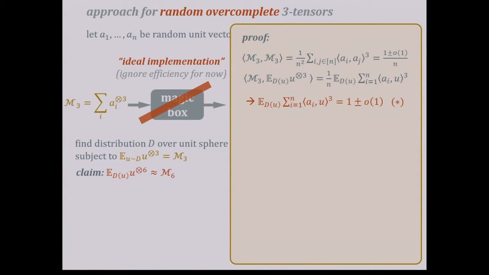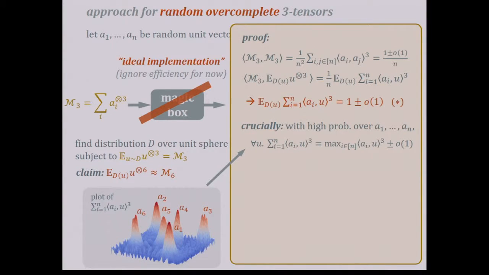The conclusion of this computation is that the distribution D satisfies the property that under D, this polynomial has expectation very close to 1. Now if you look at this polynomial, it turns out that with high probability over the choice of the vectors A1 up to AN, as a graph on the sphere it looks like this.